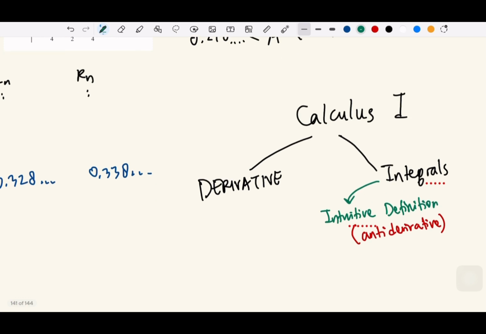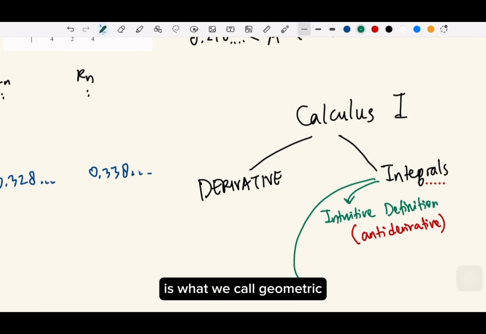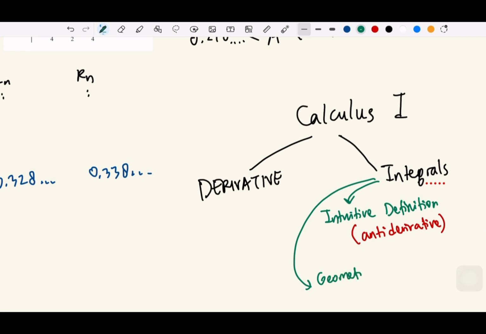The second part of the integrals is what we call the geometric definition, which is going to be explained by the Riemann sum.